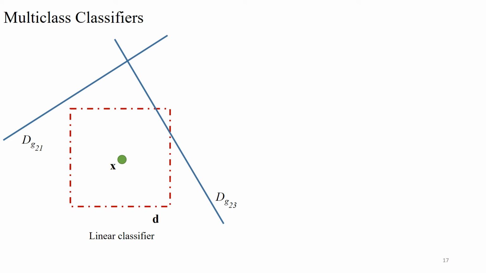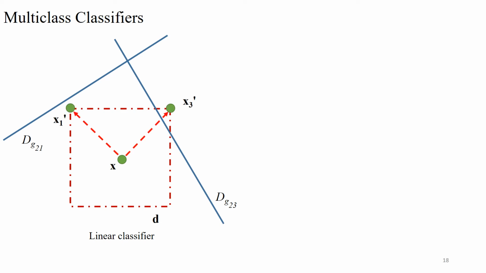Classifier G23 actually decides whether input images are more likely to be in class L2 or class L3. In our example, both G21 and G23 classify the input image x as class L2. We can find an adversarial example for the multiclass classifier as long as we can find an adversarial example for either G21 or G23.